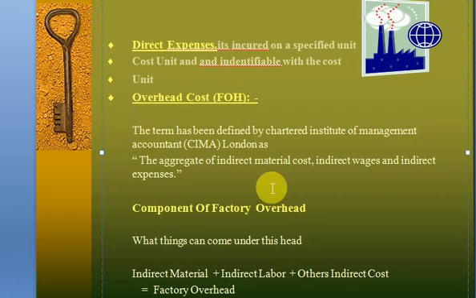In the office, the indirect labor and all the indirect expenses are called office overhead. And in selling and distribution, the salaries of the selling persons, advertisement, etc., are called selling and distribution overhead.